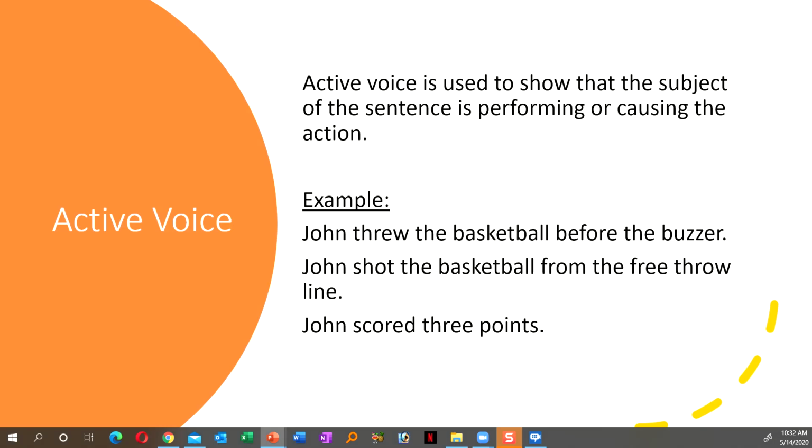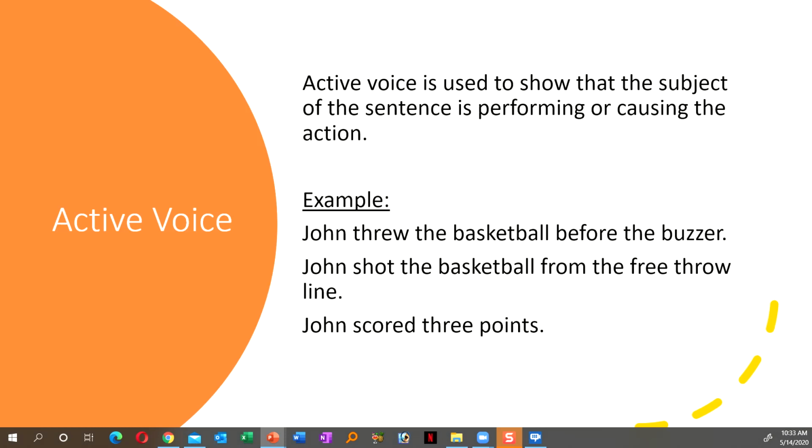So the active voice, again, is used to show that the subject of the sentence is performing or causing the action. For example, John threw the basketball before the buzzer. John shot the basketball from the free throw line, and John scored 3 points. This is all active.